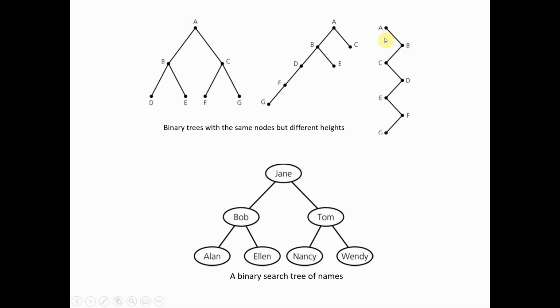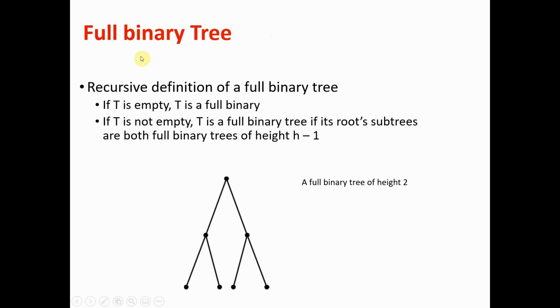But here, if I want to get to G, I have to go from A to G, through 6 edges. So ideally, this is what's preferable in many applications. Keep this in mind, and we're going to see the concept of balanced binary trees next.